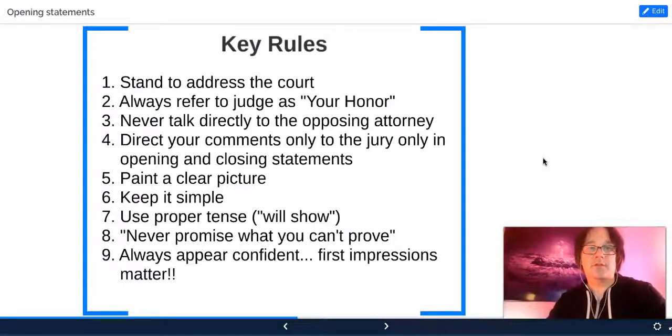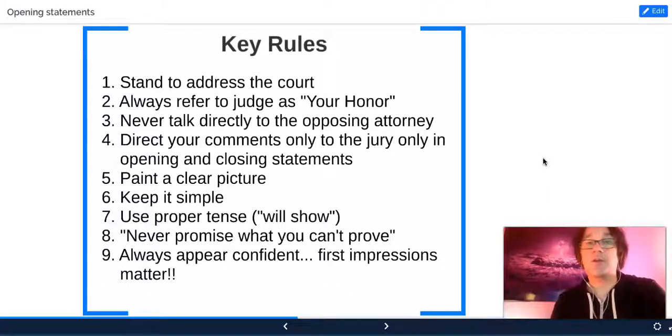Key rule for anything in life, not just this mock trial: never promise what you can't prove. So don't say, we will show that the defendant is not guilty, right? We will prove that the defendant is not guilty. Don't say that, right? You could say the evidence will show that the defendant could not have possibly committed this crime, right?